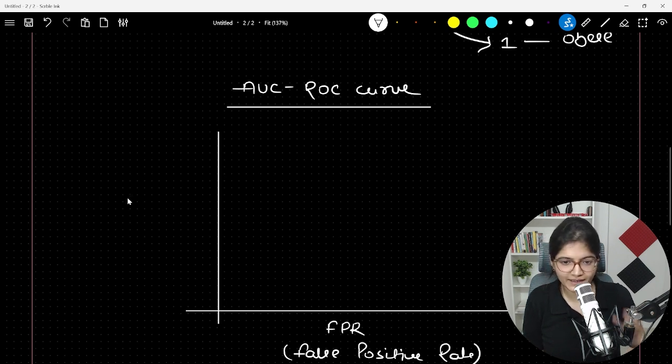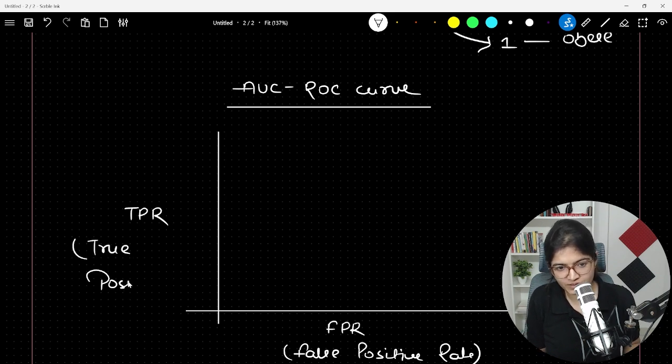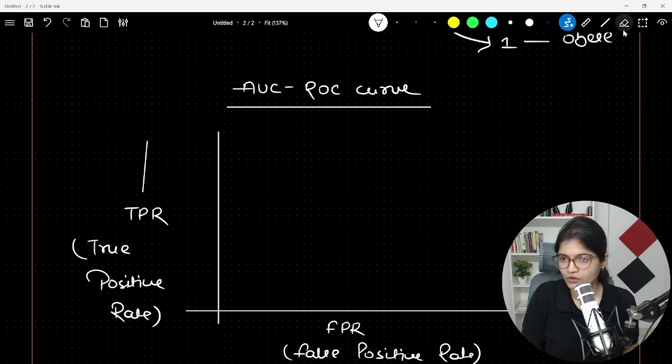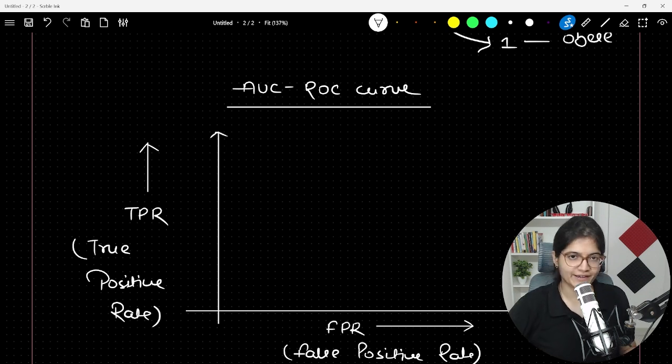And in the y-axis you will have TPR, called the true positive rate. So here, we will have a value of TPR and a value of FPR on the y and x axes.